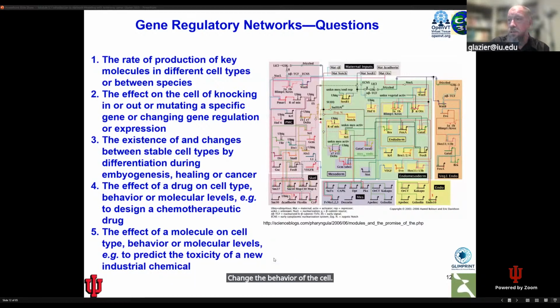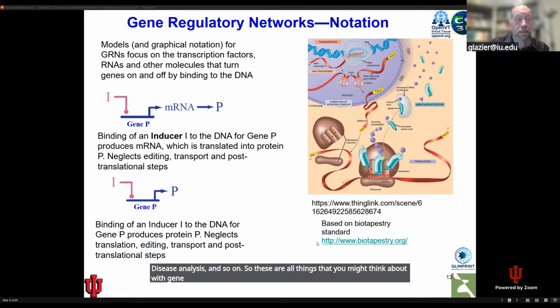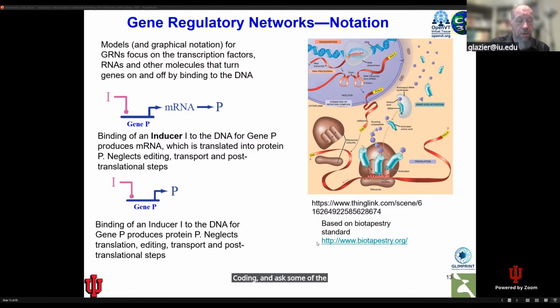That could be for toxicity, drug discovery, disease analysis, and so on. So these are all things that you might think about with gene regulation. Again, today we're going to be only talking about the mechanics of how to implement these things in CompuCell. But I want to give you at least a few minutes of background before we jump into the coding and ask some of the questions you might want to ask.